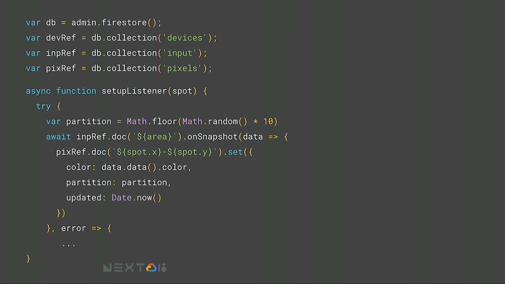This is per process, after we've spawned many. We set up a listener on the input document per each of the 4 areas, such that when that gets written, we invoke our callback that grabs the data snapshot and writes the new color value to the pixel document, which then gets rendered in the UI.